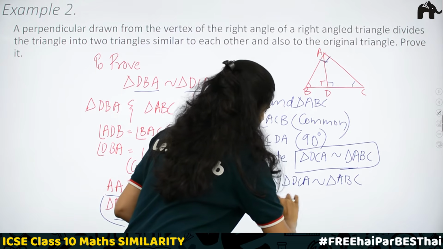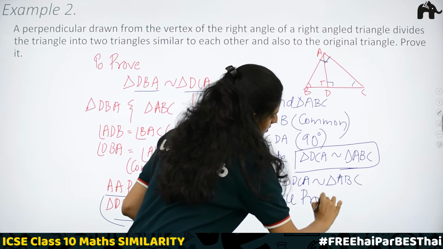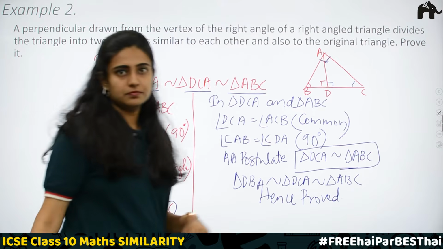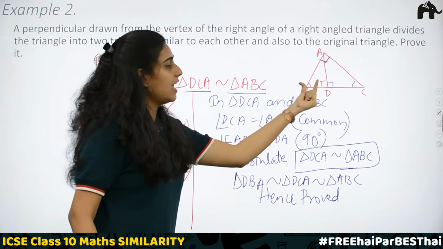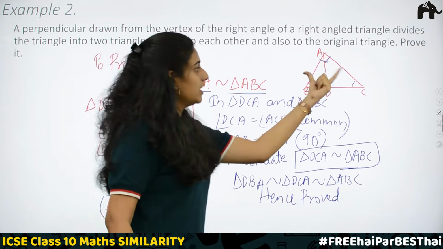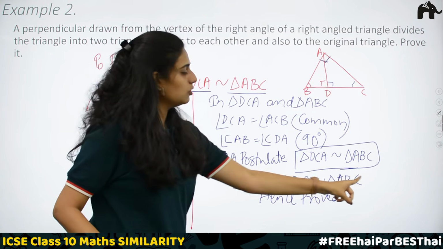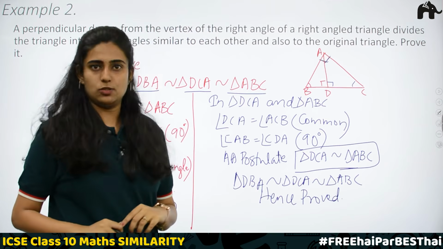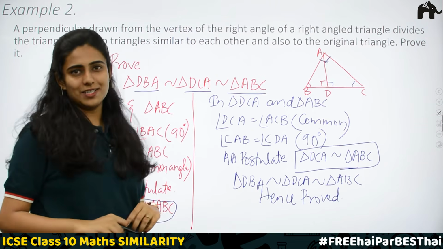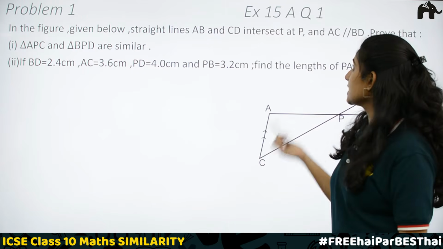Hence proved. Clear? We have taken the bigger triangle and the small triangle first, then the bigger triangle and the other small triangle, after which we concluded that all these triangles are similar to each other. Got it?